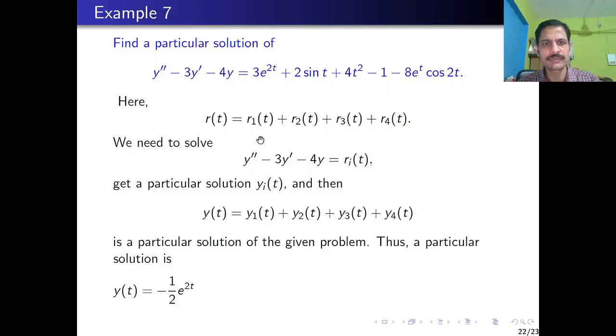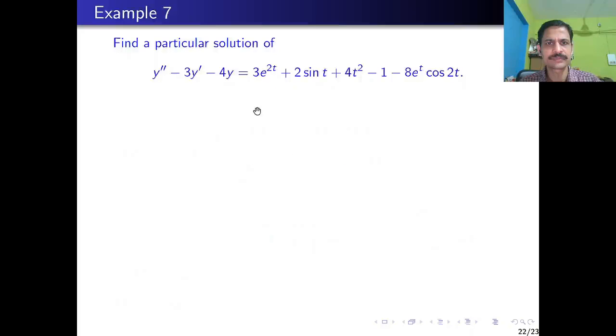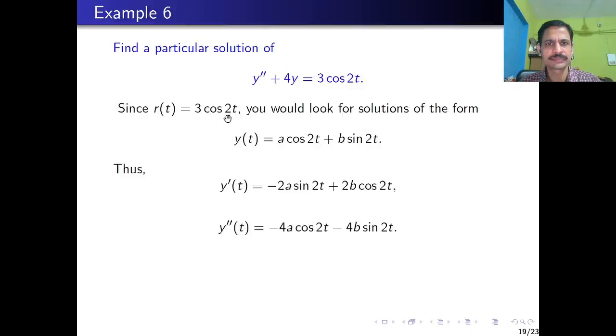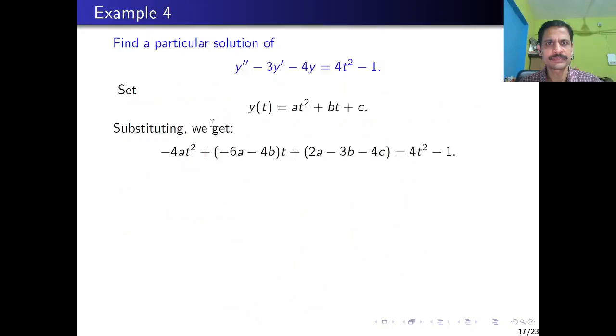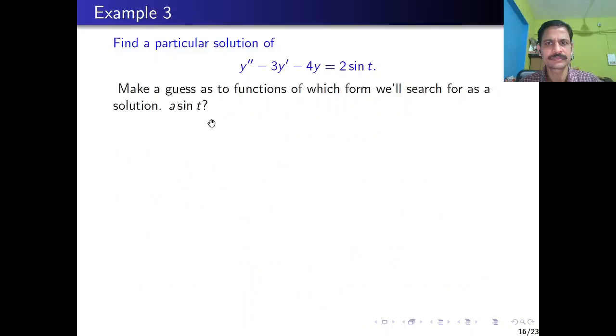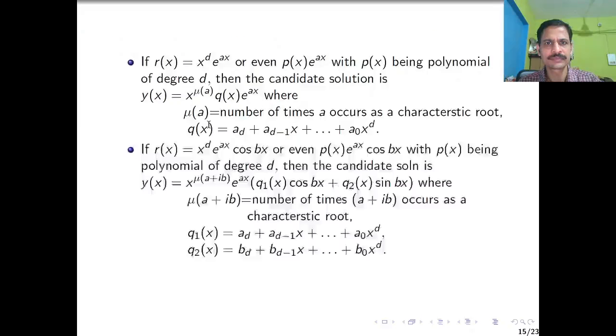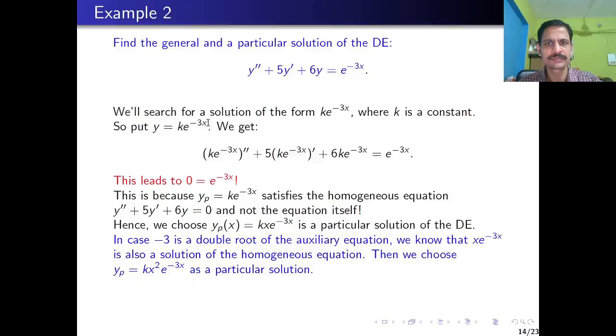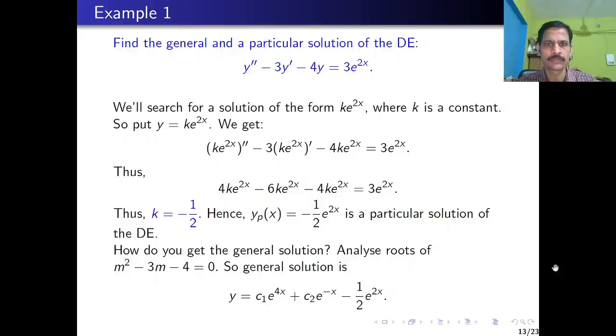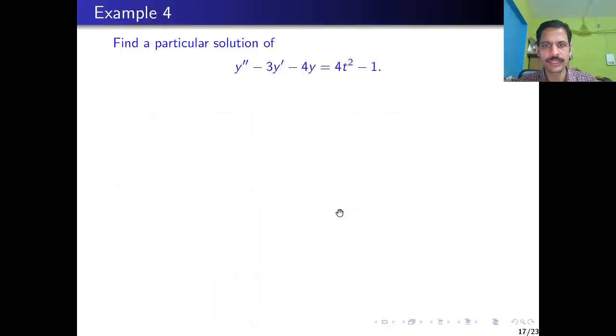So we can see that this equation with 3e2t already appeared, and the particular solution for this here is of this form, minus half e raised to 2x. So in our case, minus half e raised to 2t. So we use that.